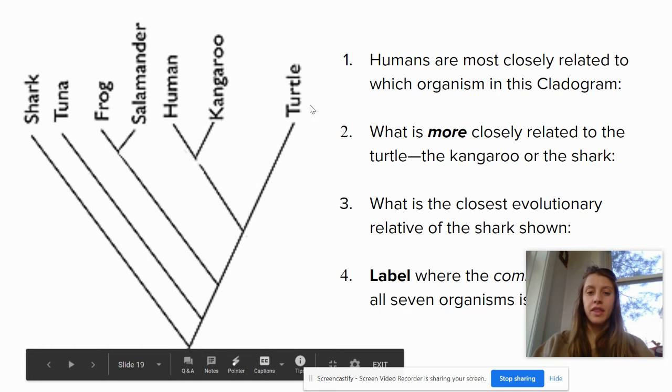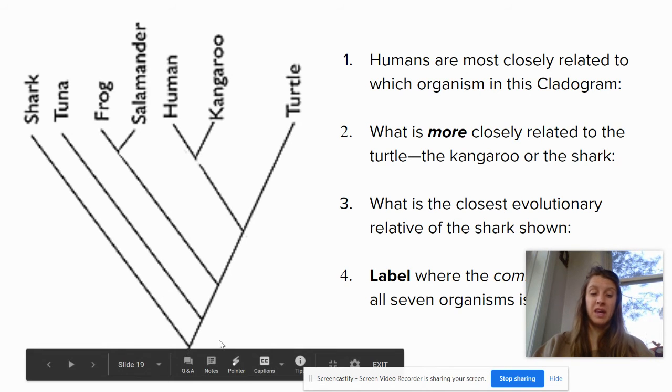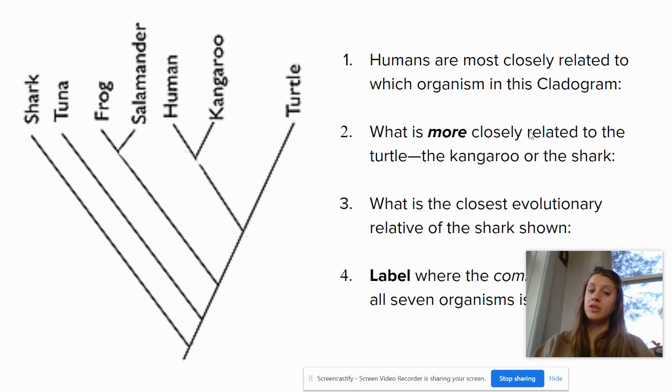Imagine that this is our modern day, and as we travel down this line it goes longer and longer ago. Imagine this as being millions and millions of years ago, and this is current day. What is more closely related to the turtle, the kangaroo or the shark? Here's our turtle. We want to figure out who it's more closely related to.